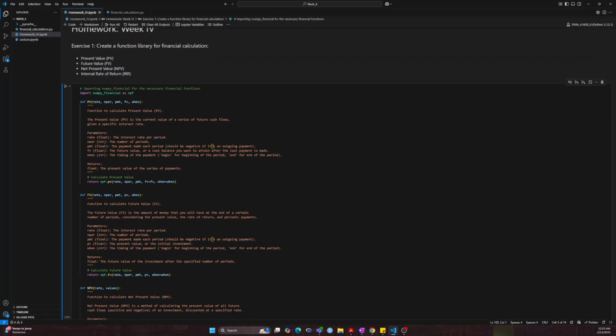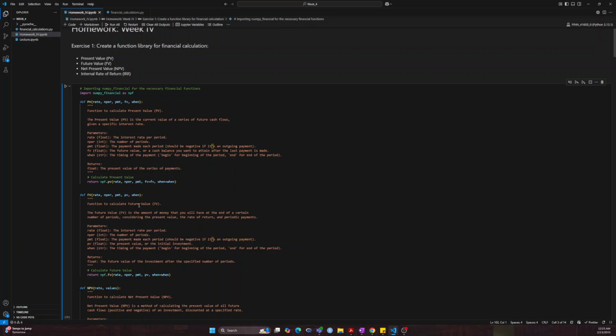I started by creating a function library for financial calculations. I used the NumPy financial library, which provides functions for present value, future value, net present value, and internal rate of return. For example, the PV function calculates the present value of future cash flows given an interest rate, number of periods, and periodic payments.